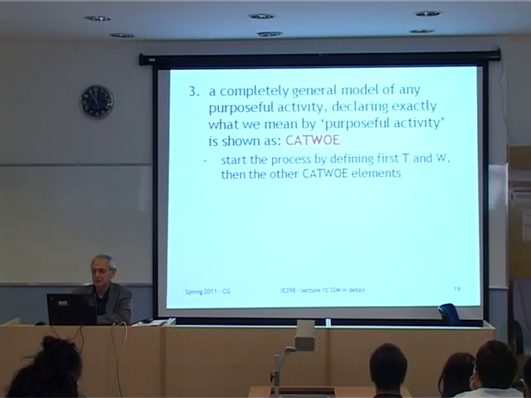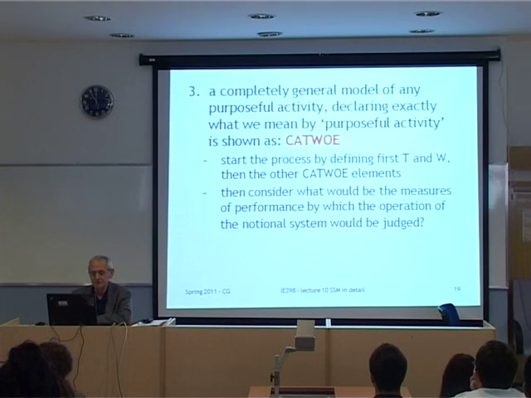Start the process by defining each of these: C, A, T, W, O, E is something that you have to identify in CATWO. First, start with T and W, and then the others. We shall see what these are in a moment. Then consider what would be the measures of performance by which the operation of the notional system would be judged.